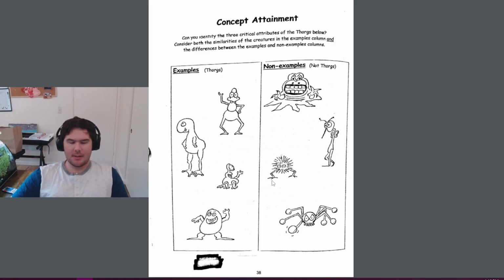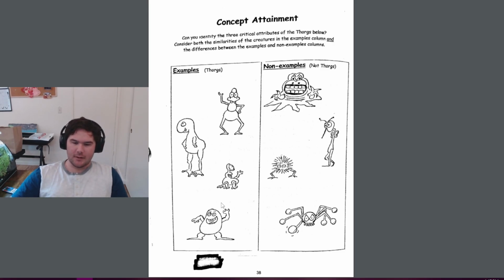The first step that actually got me some progress was looking at just the Thorgs themselves, figuring out what traits they shared, and then comparing it to the non-examples of the not Thorgs to verify that the trait I had identified is actually something that makes them distinct. So here I have 1, 2, 3, 4 limbs, 1, 2, 3, 4 limbs, 1, 2, 3, 4 limbs, 1, 2, 3, 4.